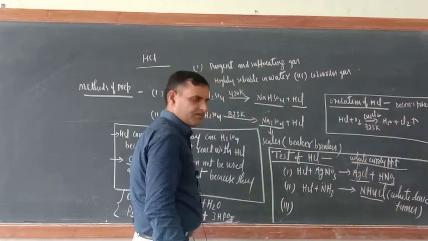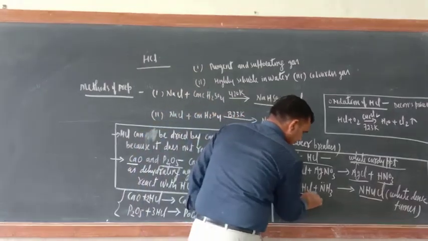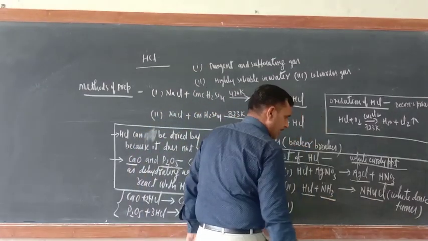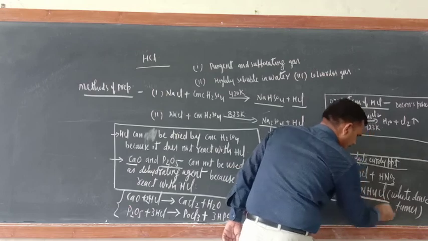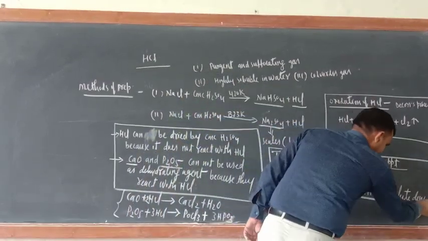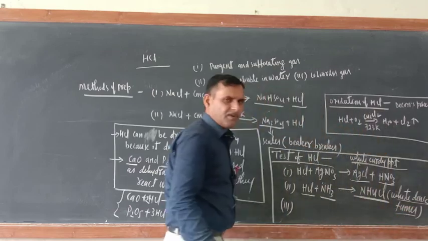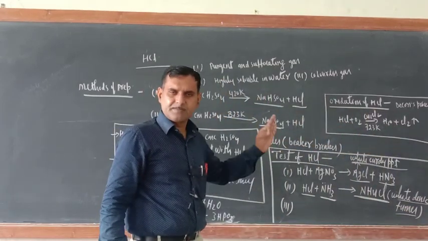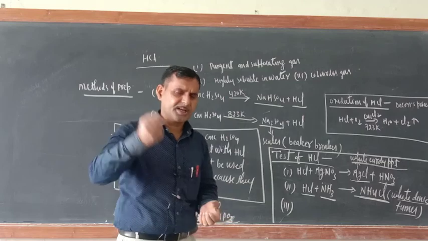What is the next one? HCl reacts with NH3 and forms ammonium chloride, and this ammonium chloride forms white dense fumes. Just try to understand.